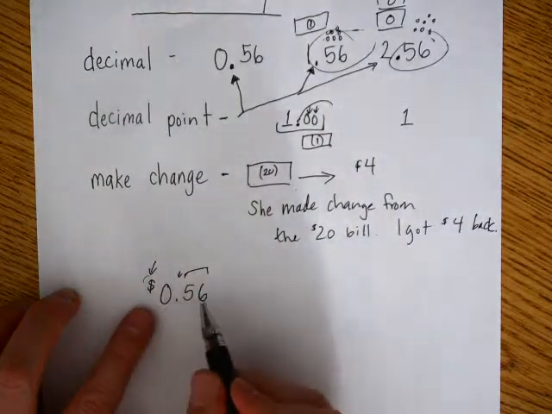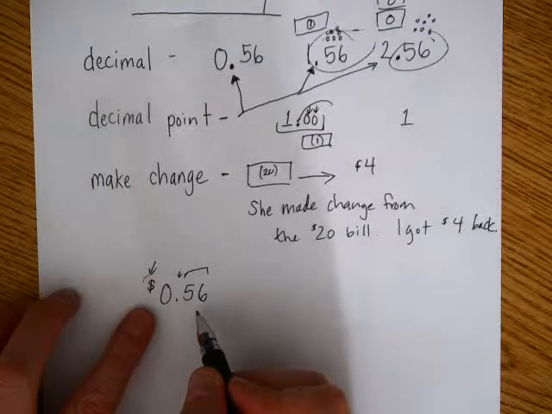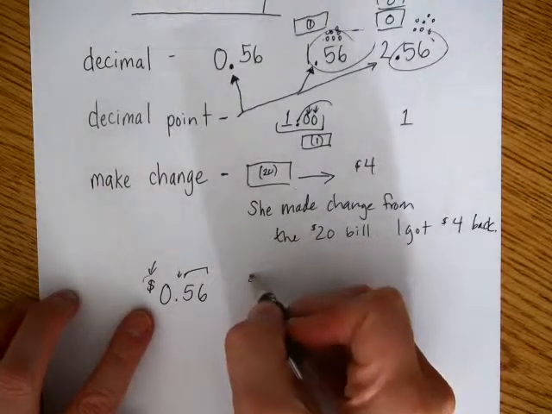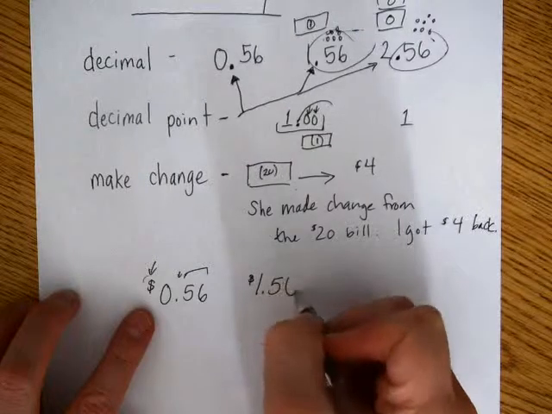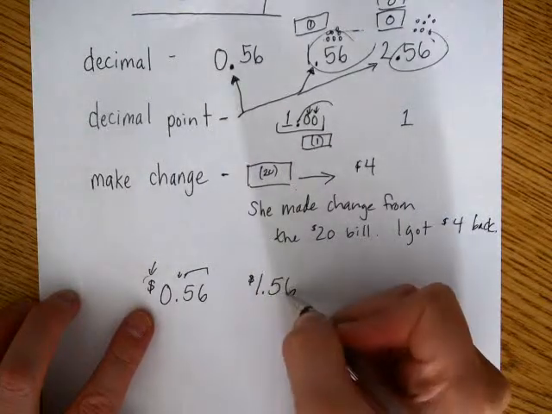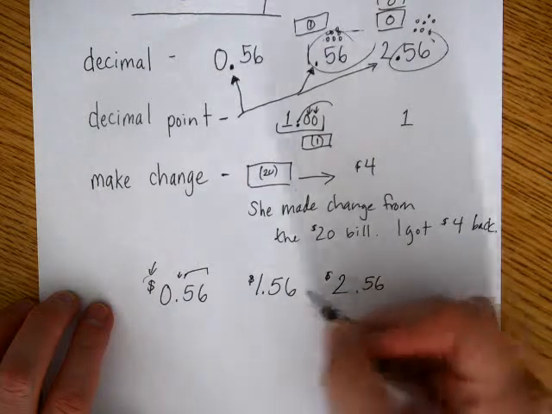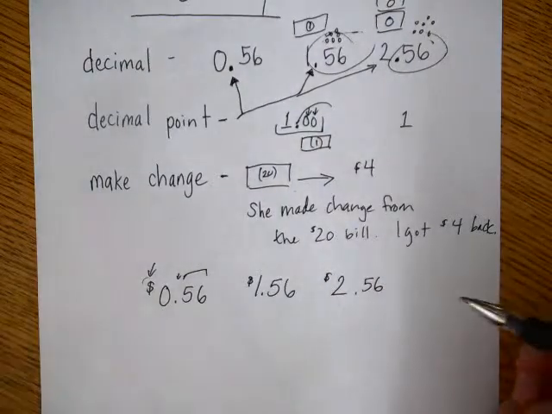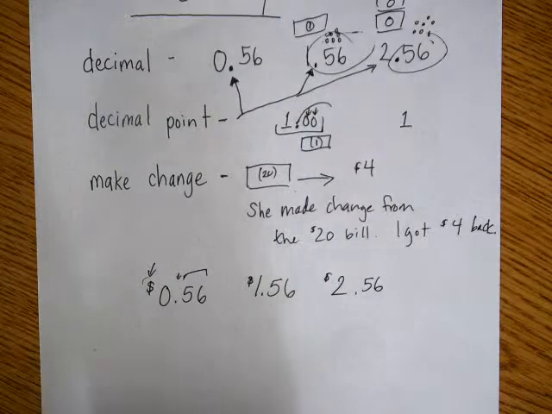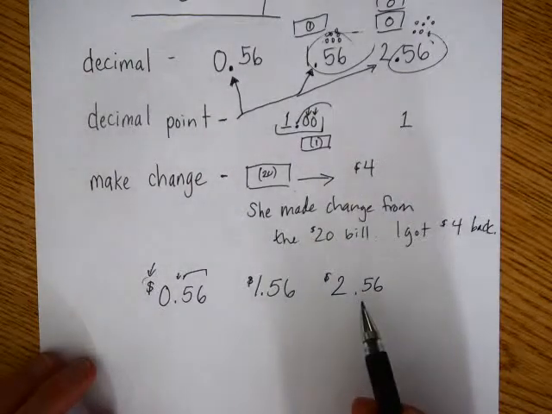So this would be $0.56. If we have this much money, this would be $1.56, $2.56. We want kids to be able to read money in dollars and cents notation. We want them to write money amounts in decimals, so not just read these, but write these.